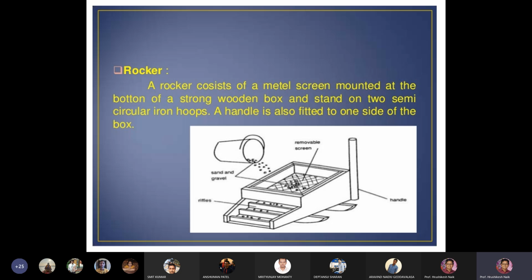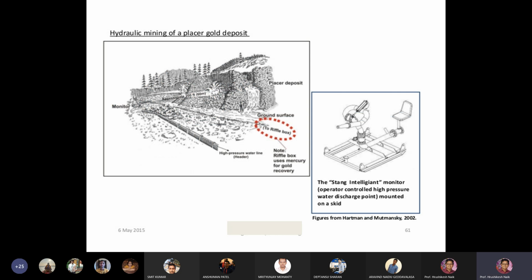So, the hydraulic mining of a placer gold deposit. This is the placer gold deposit. With the help of water force, high pressure water is directed by a monitor towards the mineral deposit. The high pressure water disintegrates the mineral deposits and it is carried through the ground surface to the riffle box.